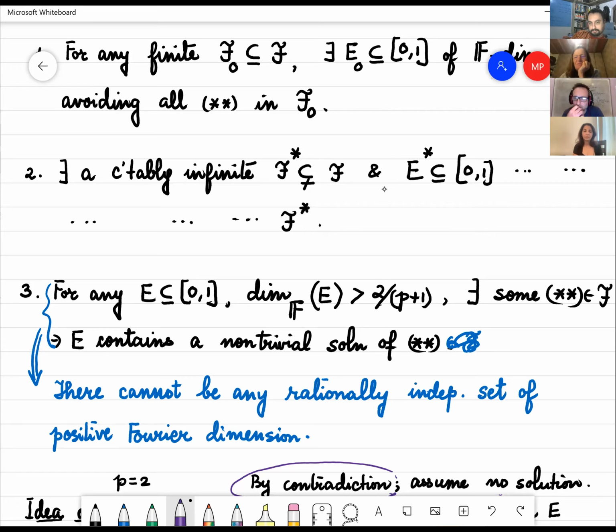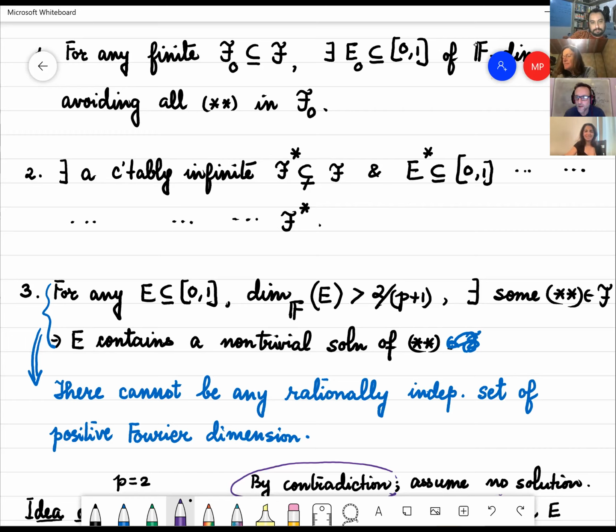Now, it's quite possible that even if those integrals were not absolutely convergent, one could still count the existence of these rational patterns in some other way. And there have been other contexts where this has been done. So maybe the best I can say is that right now this is an artifact of our proof. I don't know if this is truly sharp. Thank you.